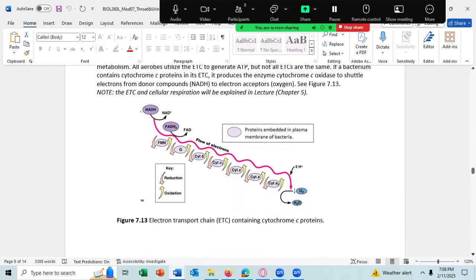The oxidase test looks to see if the bacteria contain the enzyme cytochrome C oxidase, which is found in the electron transport chain of an aerobe.